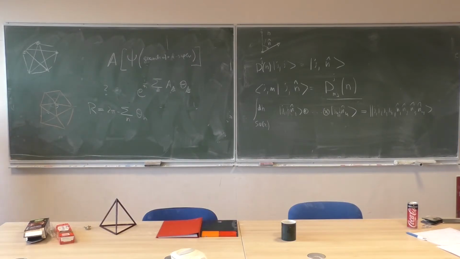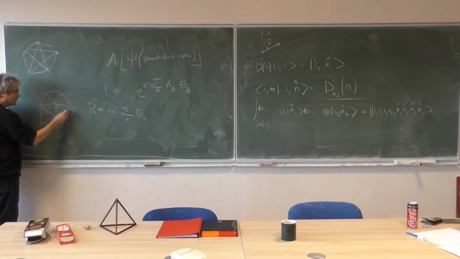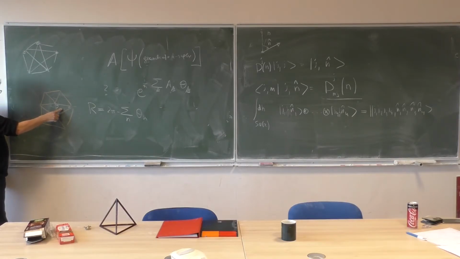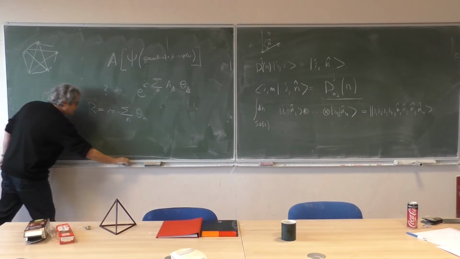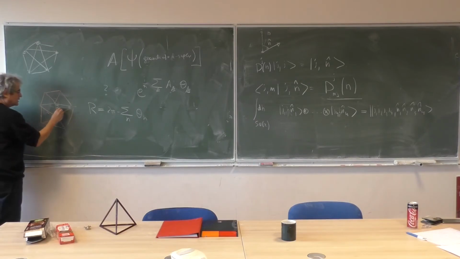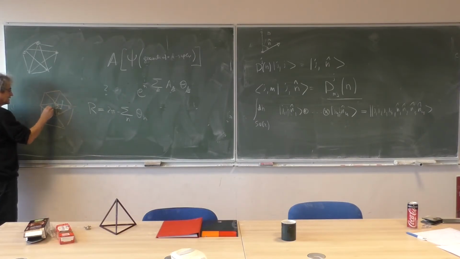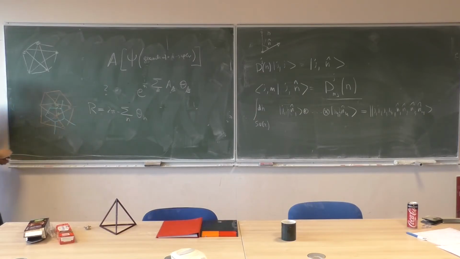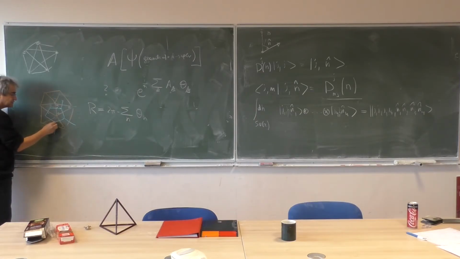Okay, and then nothing prevents me from rearranging the sum, you do these games all the time, by considering these three together and associated to this point, these three together associated to this point. And so now I'm thinking in terms of the dual, and to this vertex I associate this term, this term, this term.